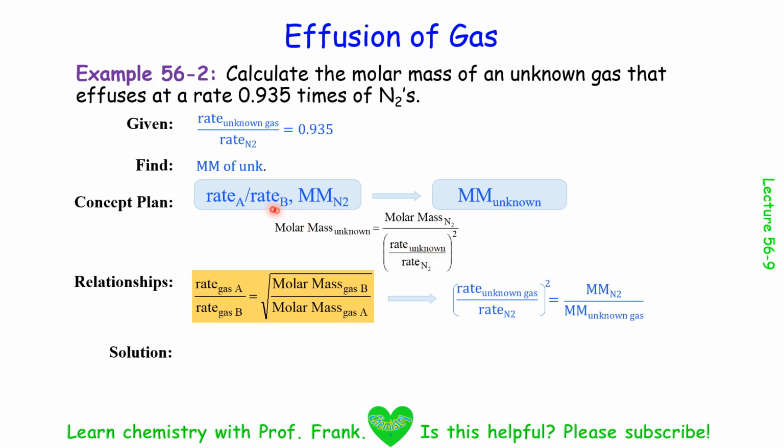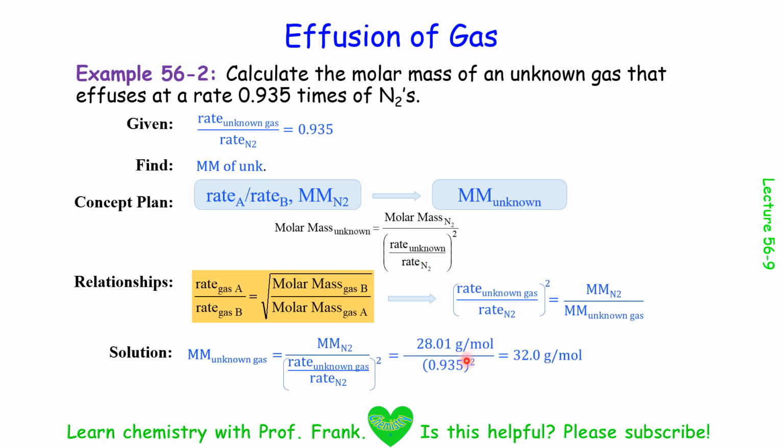That's how we obtained this equation. So this equation we are going to use to solve this problem. So the molar mass of nitrogen, then the ratio of the two squared, that's 32 grams per mole. Again, what is this unknown gas? It has to be oxygen gas. That's it for lecture 56. I will see you in lecture 57.